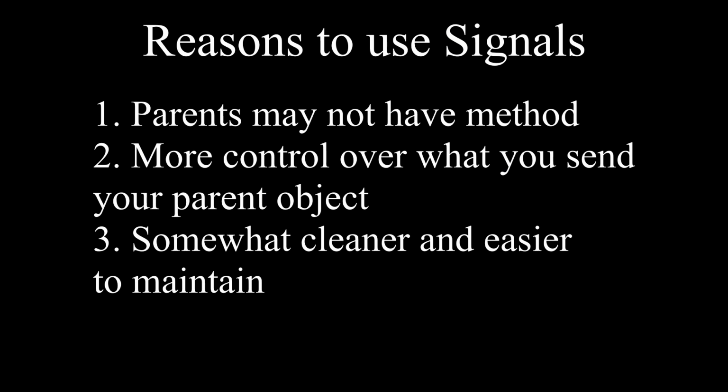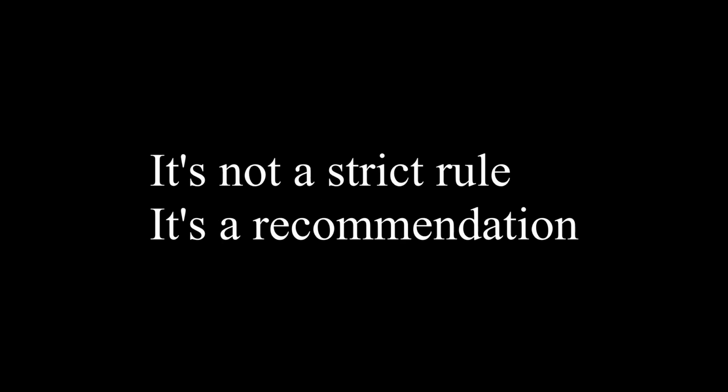As a whole, it's just a cleaner implementation, and I feel like it's easier to maintain. This isn't a hard rule or anything like that, so if you find a case where calling a parent function is easier, then go for it, but do keep in mind that signals should be a preferred option in most cases.